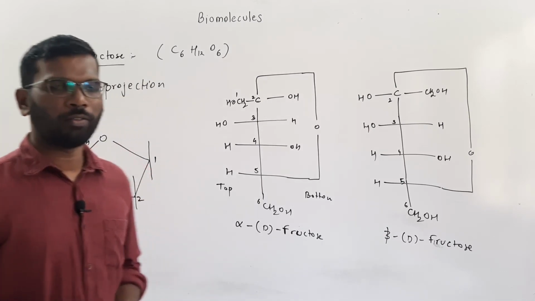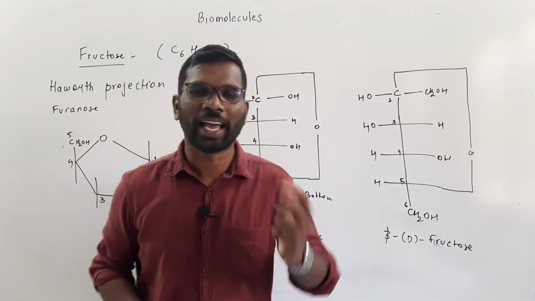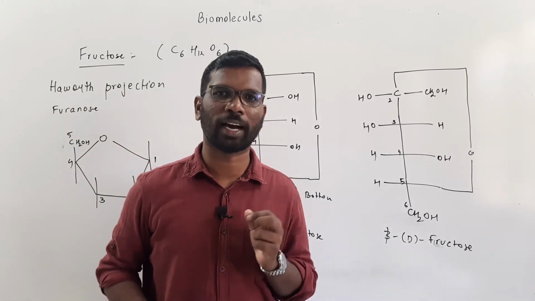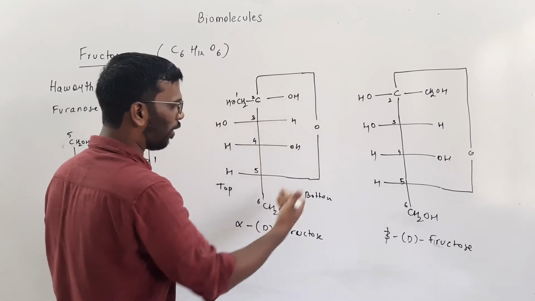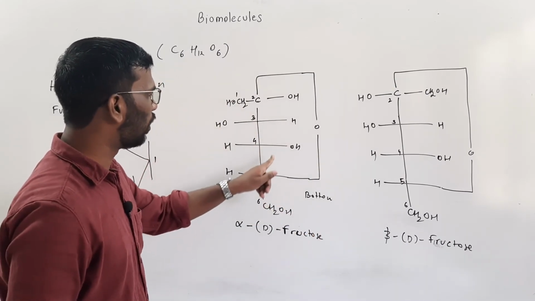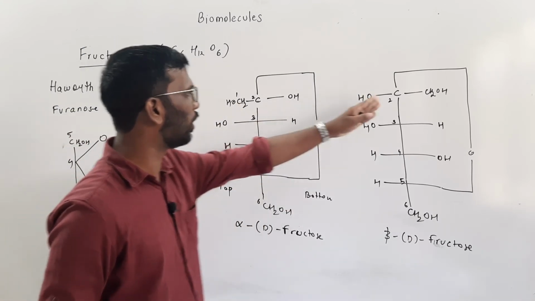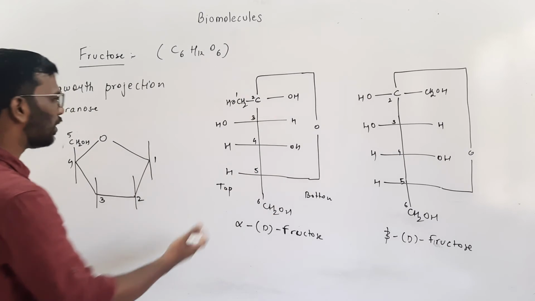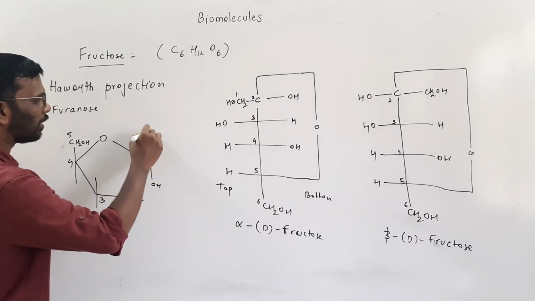Now alpha. When it comes to the alpha form of any glucose, there is a change in configuration at carbon 1. The difference between these alpha and beta, both are D form, is because OH is here on the right side and here OH is on the left side. So whatever is on the right side will be at the bottom, OH is here and this is my hydrogen.